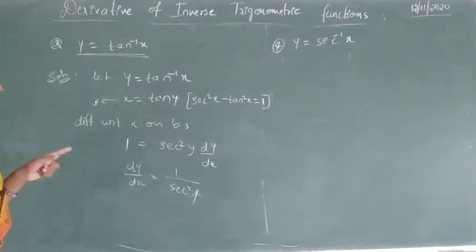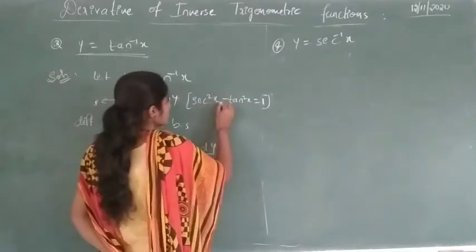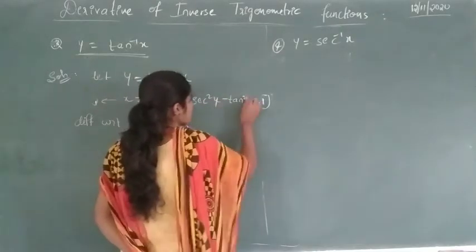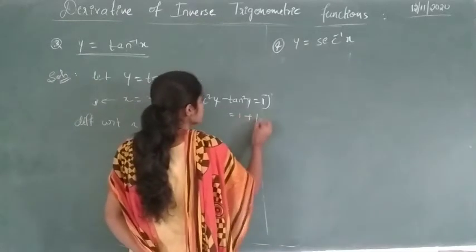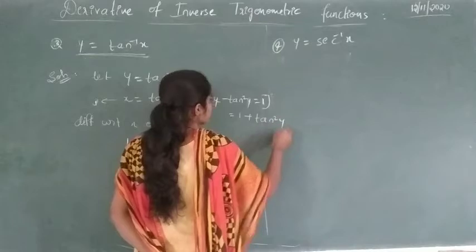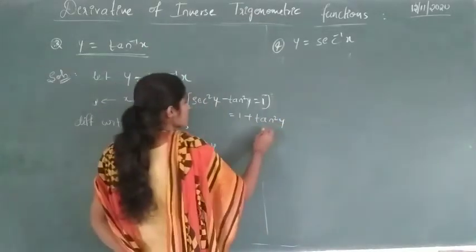Secant square y minus tan square y is 1, so secant square y can be written as 1 plus tan square y. Tan y is x, so tan square y means x square.